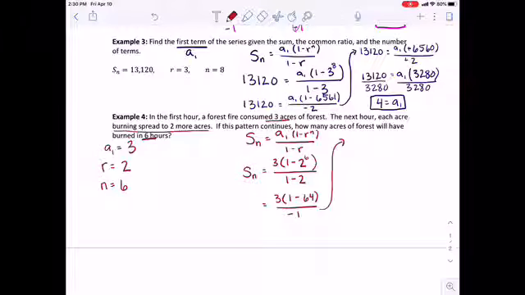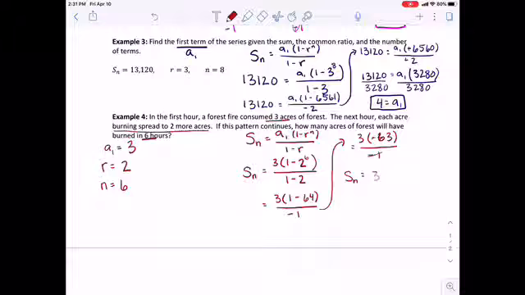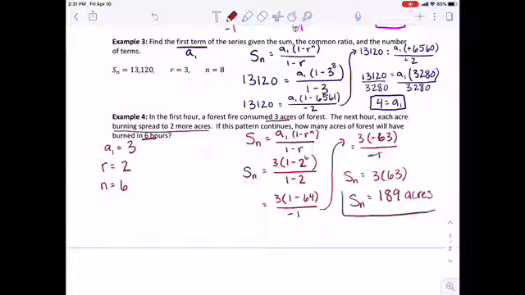If I continue simplifying, I'll have 3 times 1 minus 64, which is negative 63, all over negative 1. Well, my negatives are going to cancel, and I just get that S sub n is equal to 3 times 63, which if I type that into a calculator, I get that S sub n equals 189 acres of forest that will be burned in 6 hours.